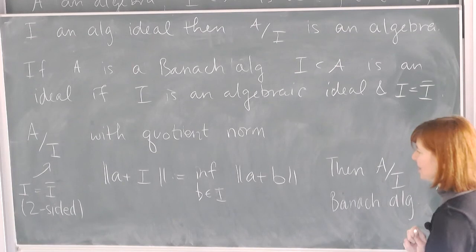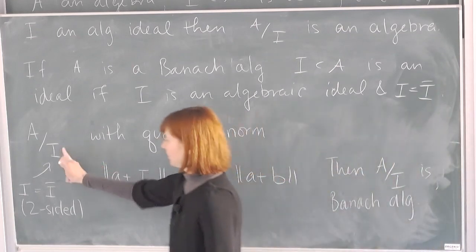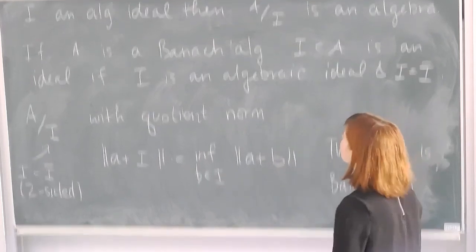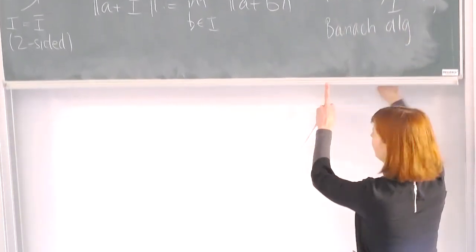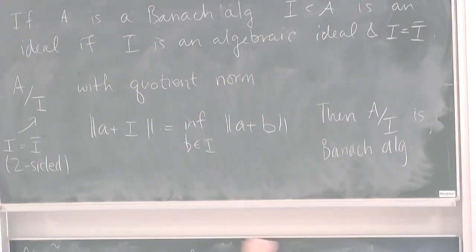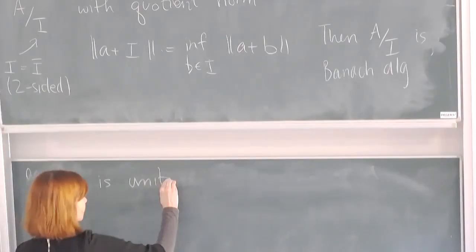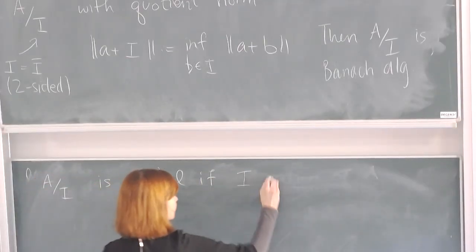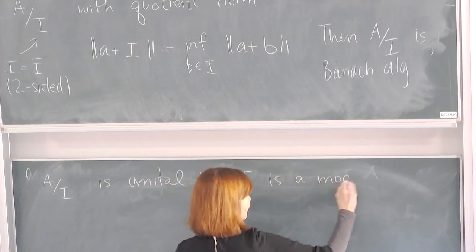And we might want to ask ourselves, when will this Banach algebra be unital? And it will be unital when our ideal is something called a modular ideal. What does that mean?